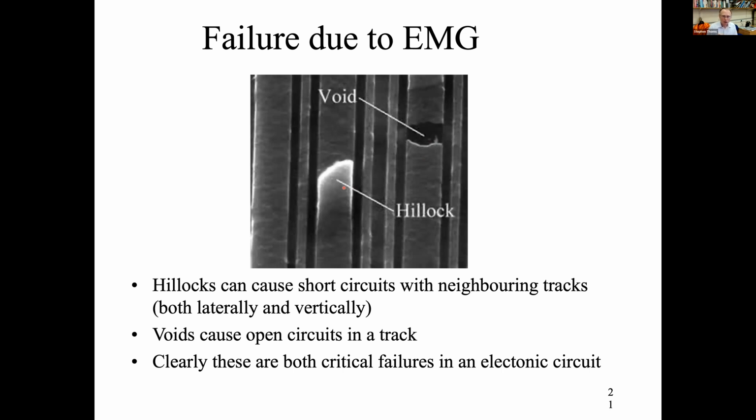And clearly these are both critical failures which you don't want to have. So essentially, in VLSI design, you're trying to maximize the amount of current you can get through your tracks, but you need to keep it within limits.